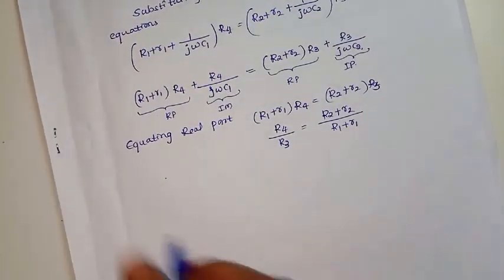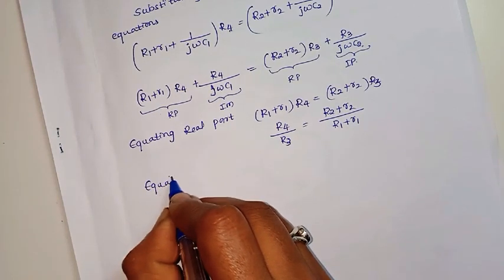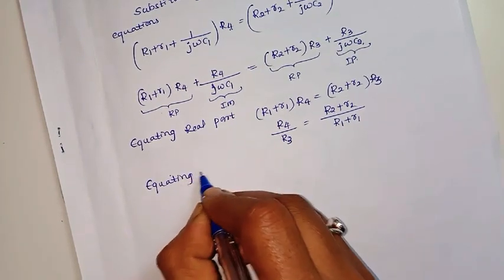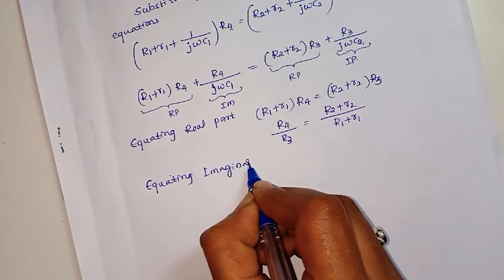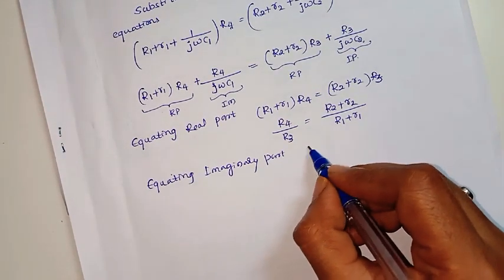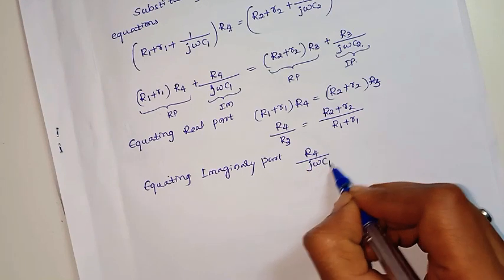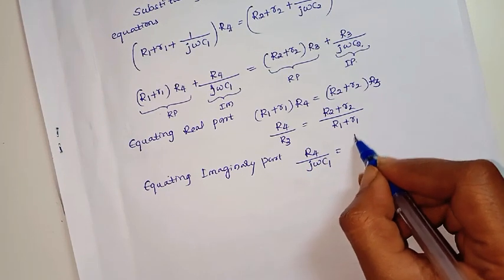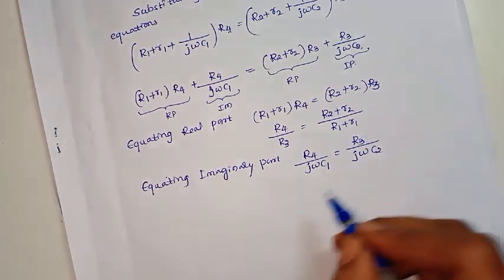Now equating imaginary part. So what are the imaginary part? R4 divided by j omega C1, that equals R3 divided by j omega C2.